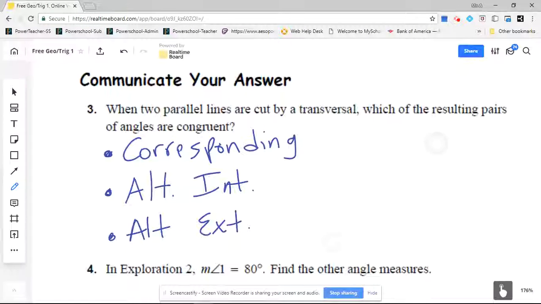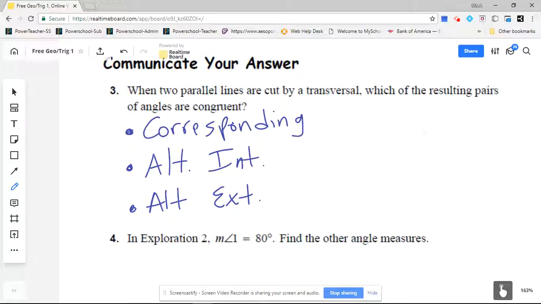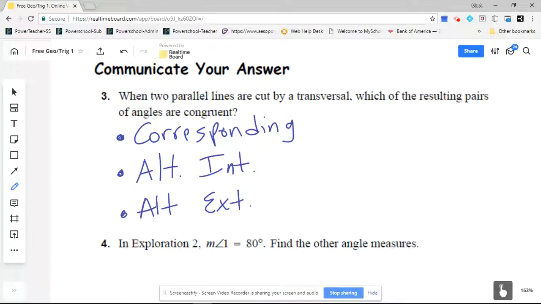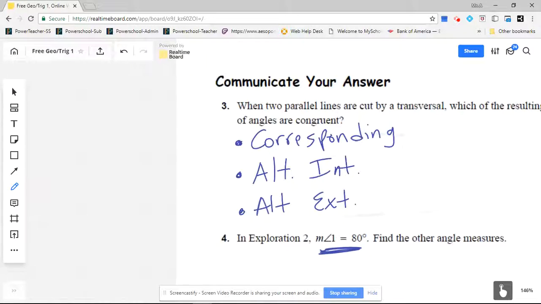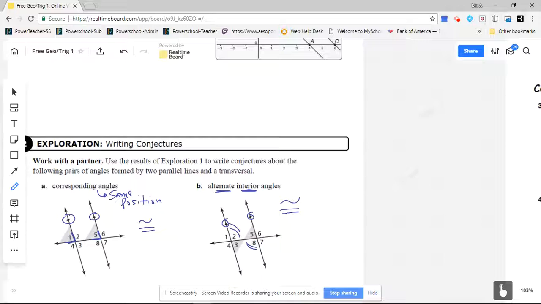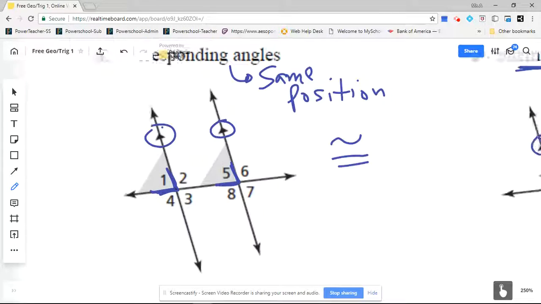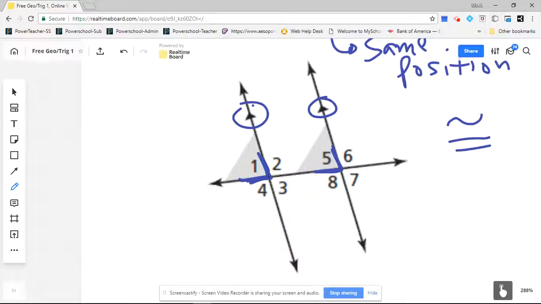So if you look at the next question down here, number 4, it says in exploration number 2, the measure of angle 1 is 80 degrees. So let's go back to the very first picture where the corresponding angles were. It's right on this page right here. They're telling us that angle 1 is 80. Do you know what the rest of the angles now have to be? The answer is yes.